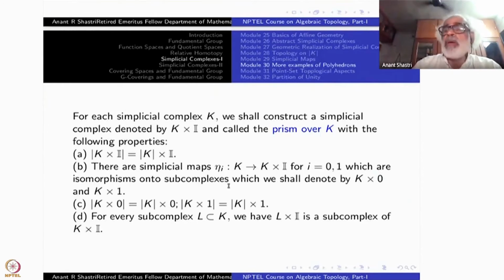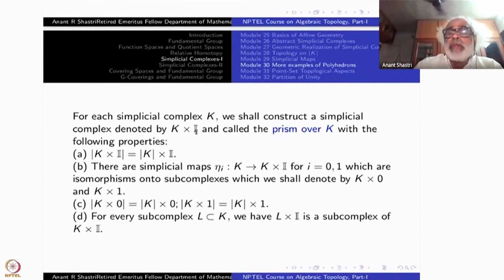That means they are 1-1 mappings, taking simplexes to simplexes in a 1-1 way, which the images will be denoted by K cross 0 and K cross 1. Image of eta 0 will be K cross 0, image of eta 1 will be K cross 1. Okay. It's a notation. Just like K cross I is a notation, K cross 0 and K cross 1 are notations, and they are subcomplexes of K cross I.